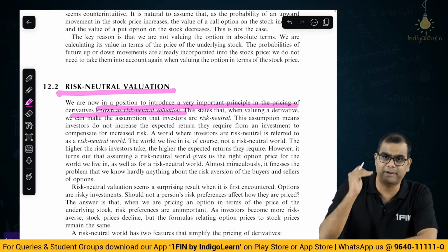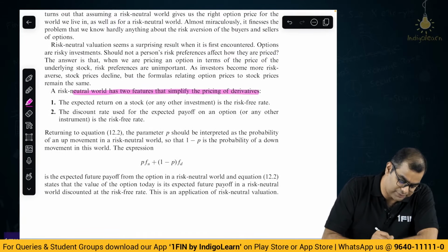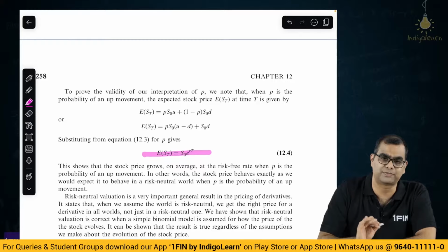Now, if you come to risk neutral valuation, here also, please read what they have said. The risk neutral world has two features for pricing of derivatives. Expected return on a stock is the risk-free rate. The discount rate used for the expected payoff on an option is the risk-free rate. In this, they are saying expected future stock price is basically your futures price.